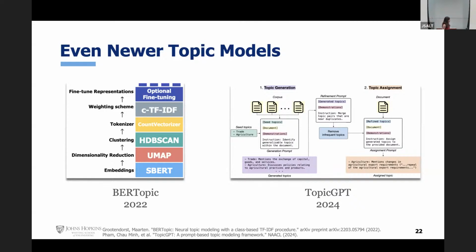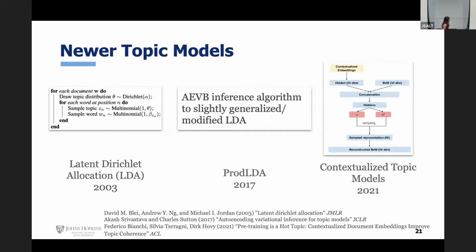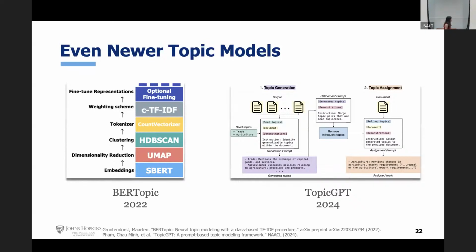And then finally, this year, this paper, technically not quite out yet, will be out next week, is topic modeling using GPT. Here again, they're not trying to follow the classic LDA paradigm, but they are trying to automatically learn topics from the data, make groupings of documents, and learn what's in the data. I'm going to show you some results from this model over the data set we were talking about earlier.